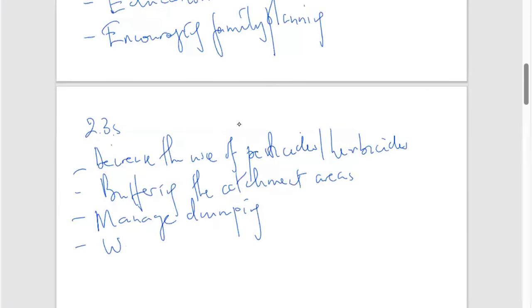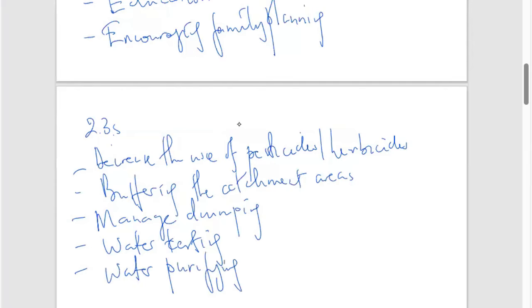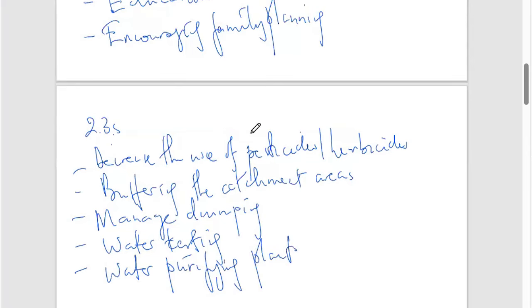And also we can do water testing to check the quality and also try to find ways of rectifying the quality in terms of its contents. And also we can look at maintaining water purifying plants. They must always be regularly maintained to ensure that water is purified.